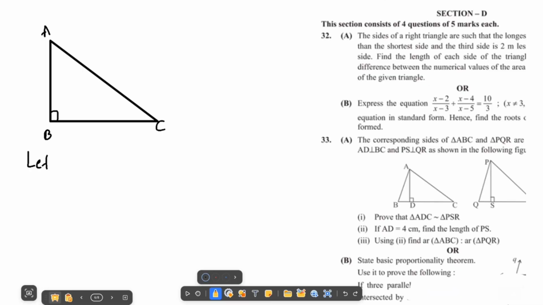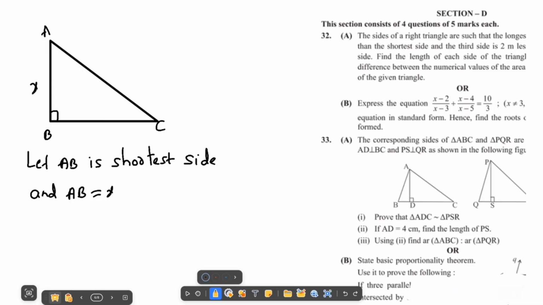Let AB be the shortest side, and it is equal to some x. So definitely the hypotenuse is the longest side.